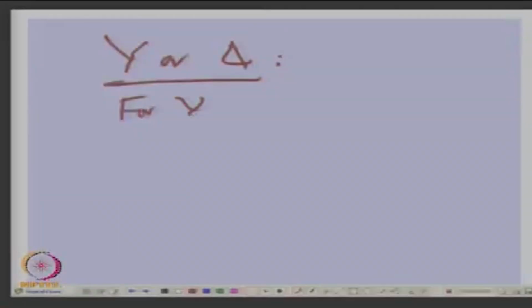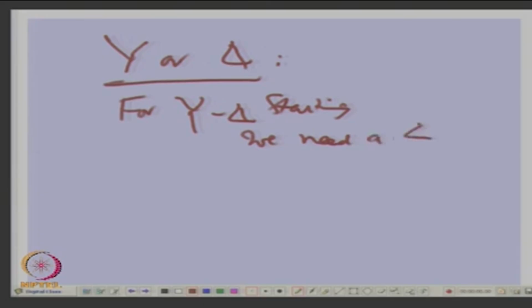Not clear. How are they started? So, you need a star delta. This is because for star delta starting, star delta means initially it must be star and then become delta. So, for starting we need a delta motor, is it not? Okay.